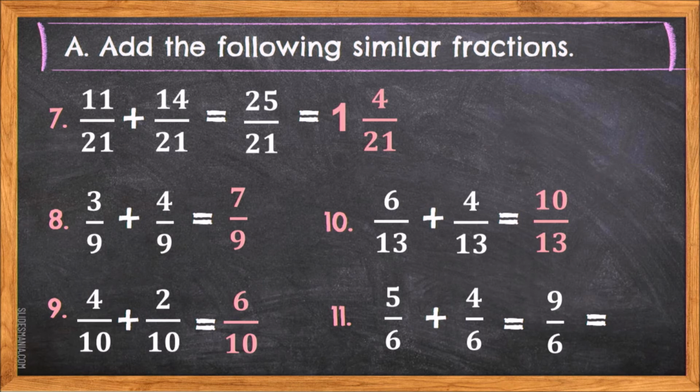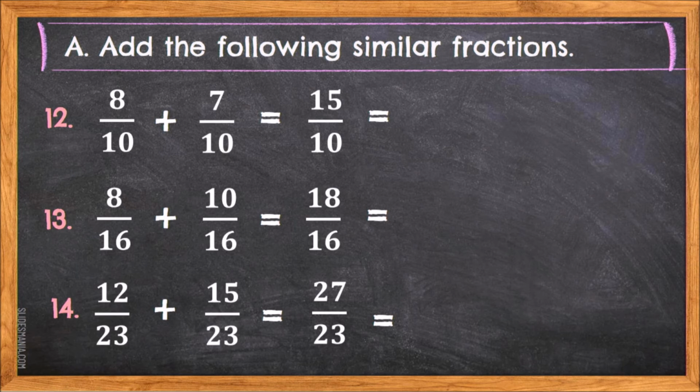Again, our answer here is an improper fraction. Of course, we need to make it as a mixed number. So all you have to do is to divide the 9 and 6, okay? So here 9/6 is equivalent to 1 3/6.